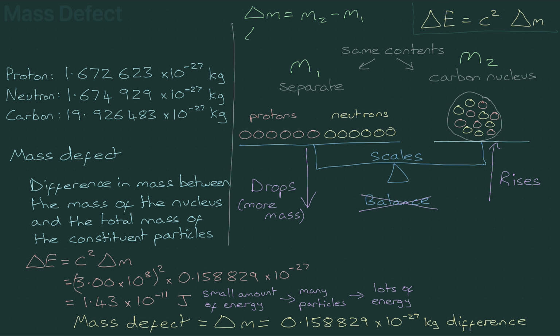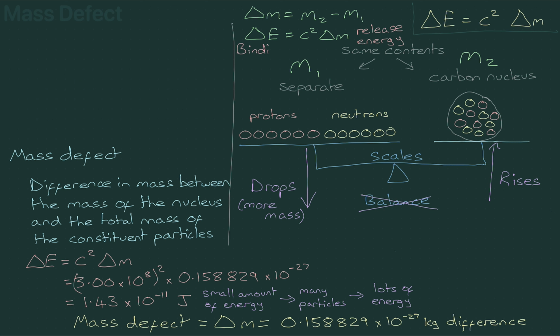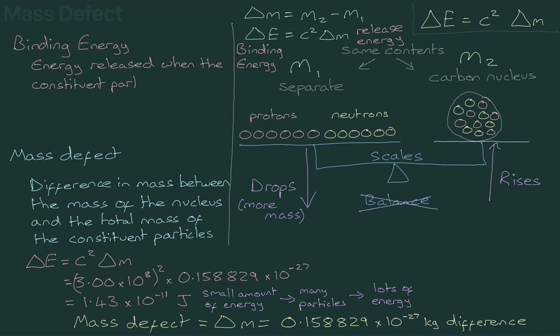Through delta E equals c squared delta M, energy is released. This is called the binding energy. The binding energy is the energy released when the constituent particles bind together to form a nucleus. Going in reverse, the exact same amount of energy, the binding energy, is required to break the nucleus apart into its constituent parts.